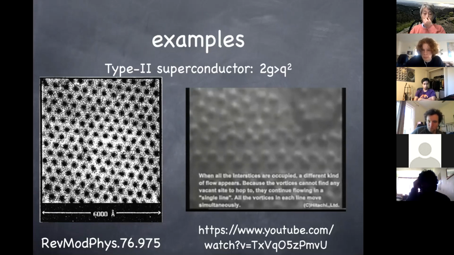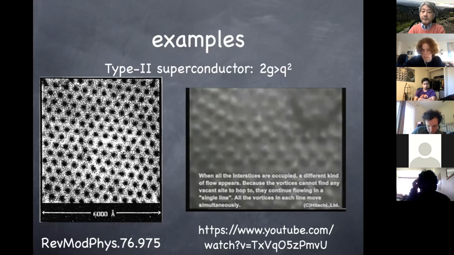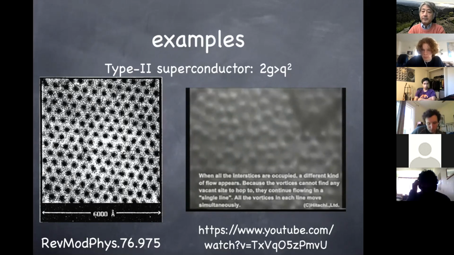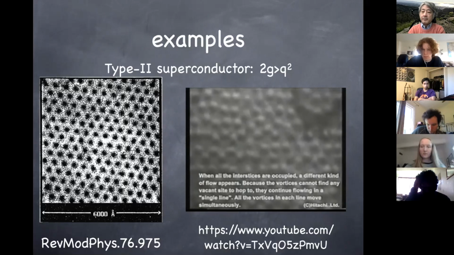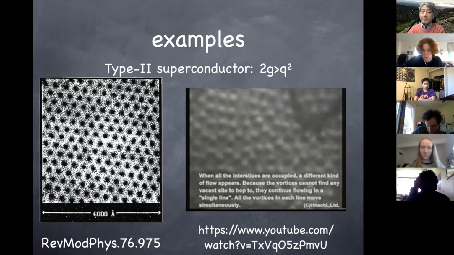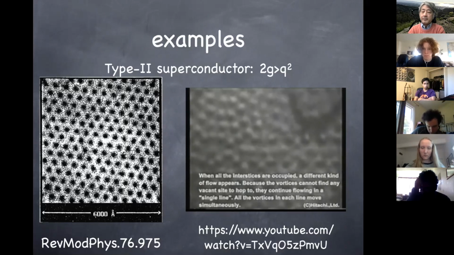When all the interstices are occupied, a different kind of flow appears. Because the vortices cannot find any vacant site to hop to, they continue flowing in a single line. All the vortices in each line move simultaneously.